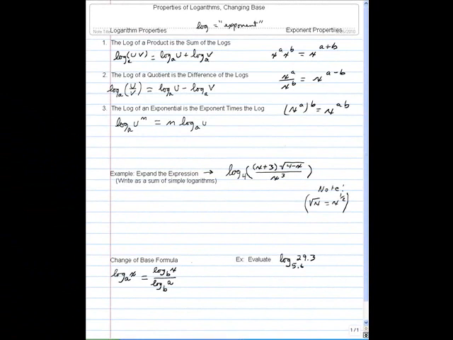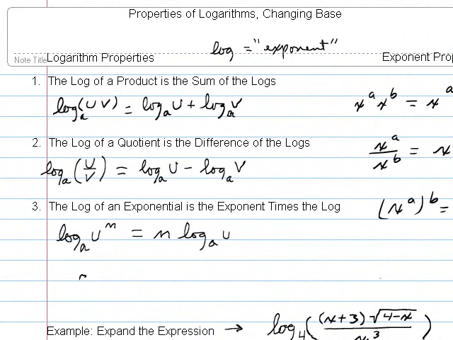And this one says the exponent of a that gives you u to the n is n times the exponent of a that gives you u, or n times the log a of u. Now this n log a of u is supposed to be the exponent of a that gives you u to the n. So let's make it the exponent of a, and let's see if we really do get u to the n.